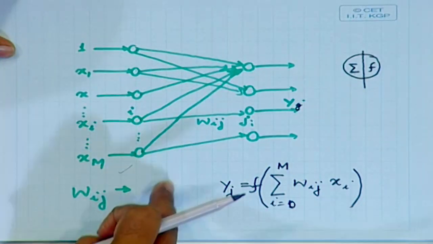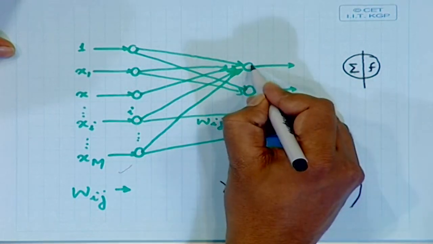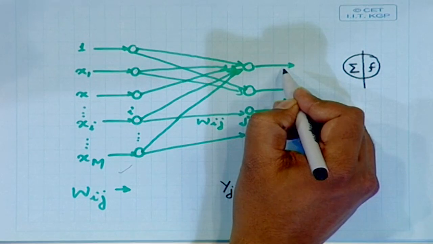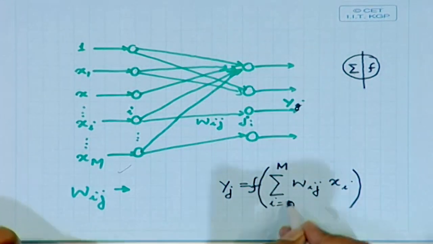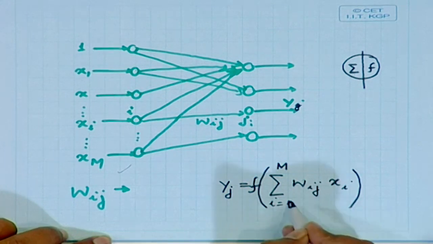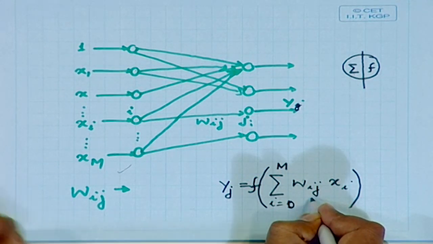Extending that to the single layer multiple output neural network, each of these output neurons defines the equation of a straight line. Because this sum of wij into xi, i varying from 0 to m, for a particular value of j gives me the equation of one straight line. For another value of j, it gives me the equation of another straight line.